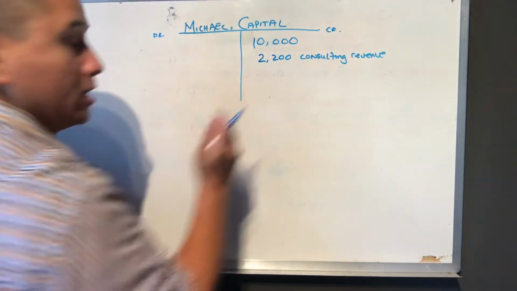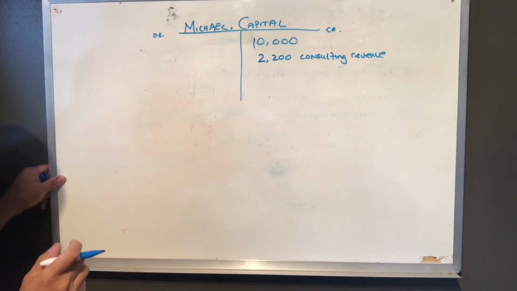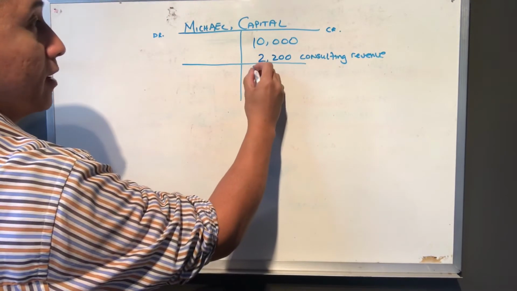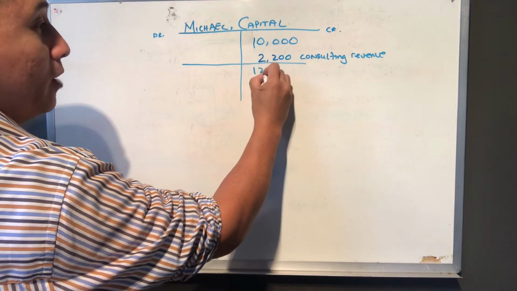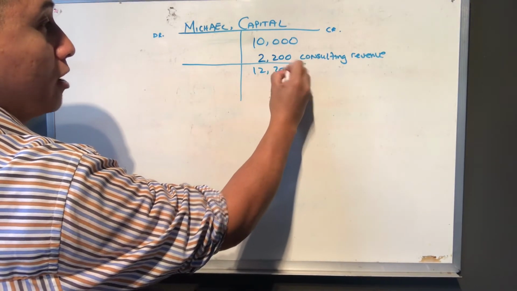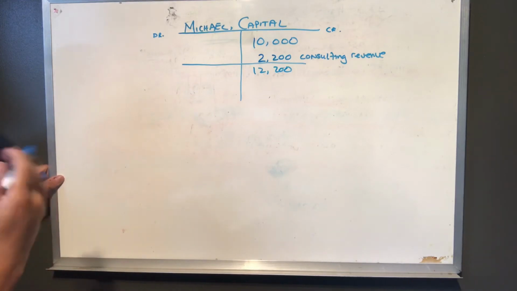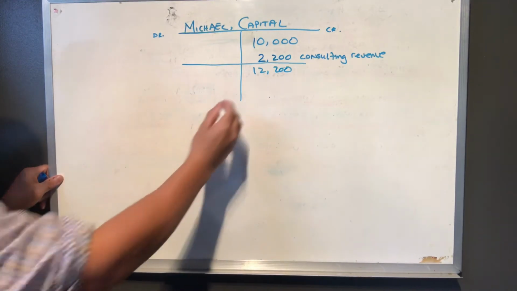Now technically, if we were to sum up, the capital account would have about $12,200.